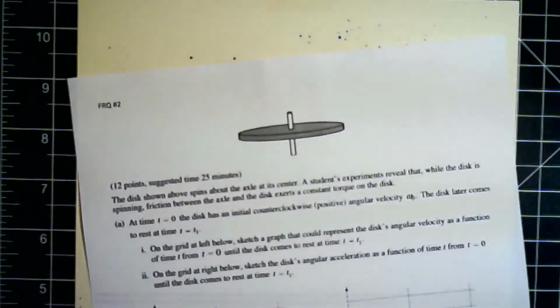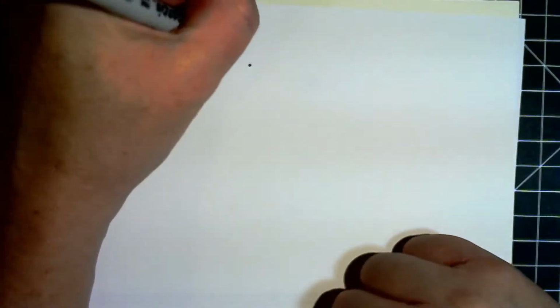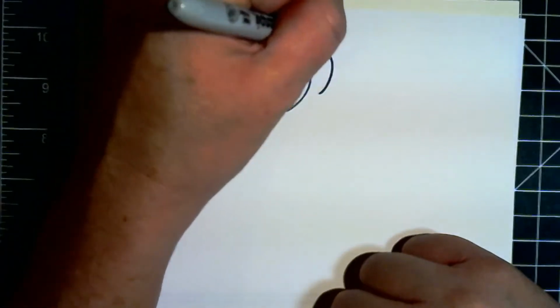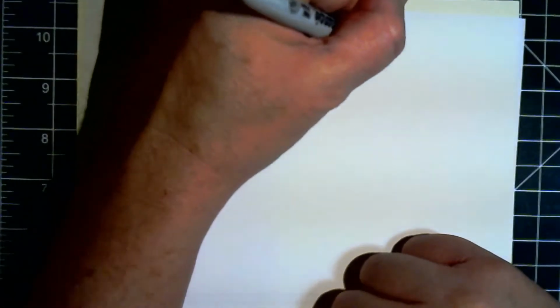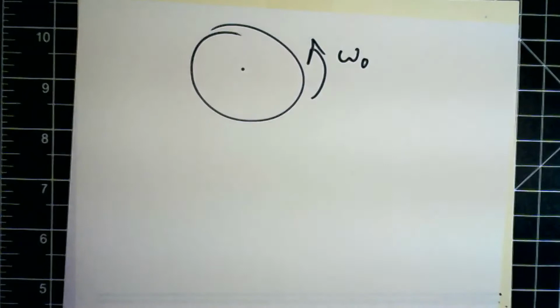So this disk is rotating in the same direction that the ladybug problem just did. It's rotating in a counterclockwise direction with an initial speed of omega naught. The disk later comes to rest at time t equals t1. So at a later time after it starts, it's going to eventually spin to a stop.